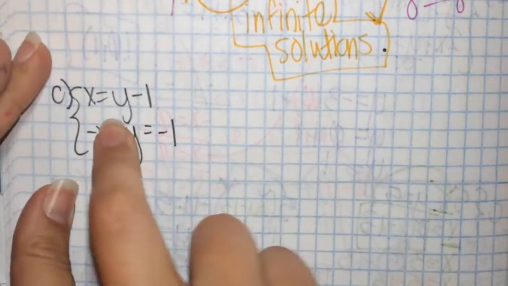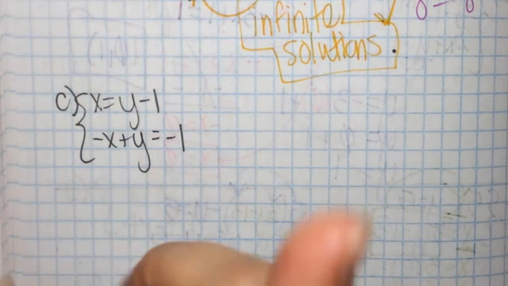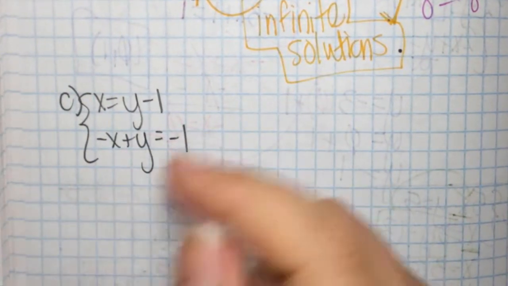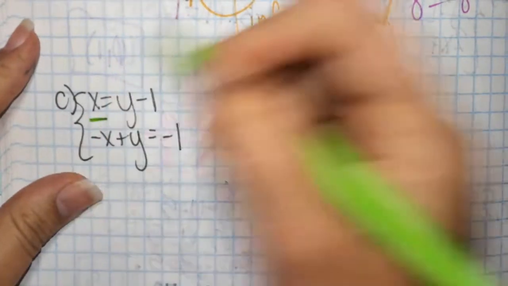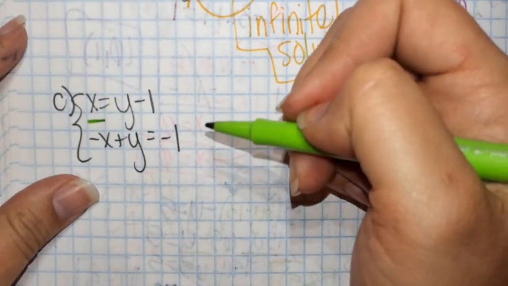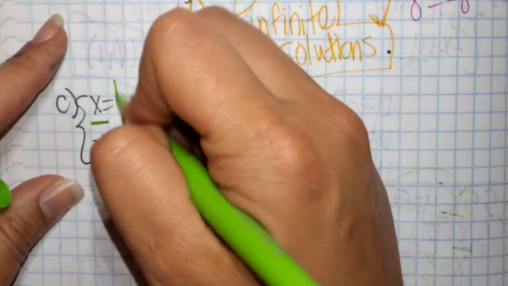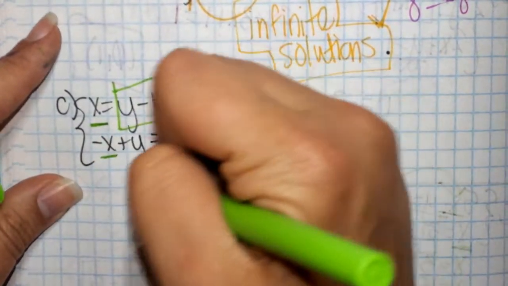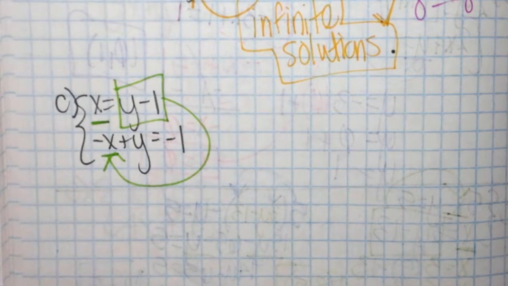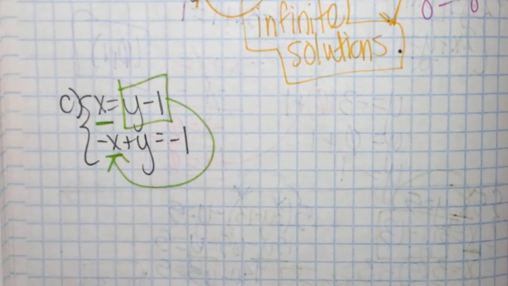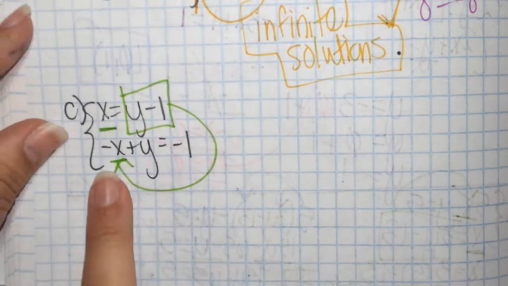Alright, now, do we have X by itself or Y? X. Now, we take what X equals and we plug it in right here. Now, first of all, why do you think I love this problem? Other than X is by itself. Because we have a negative. Yes, awesome.